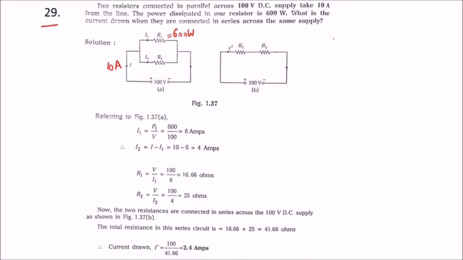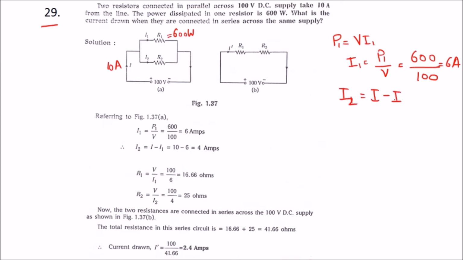We know P1 is equal to V into I1, so I1 is equal to P1 by V. Power is 600 and voltage is 100, so we will get 6 amps. Once we get I1, we can easily get I2 by substituting in this formula: 10 minus 6. So I2 is 4 amps.